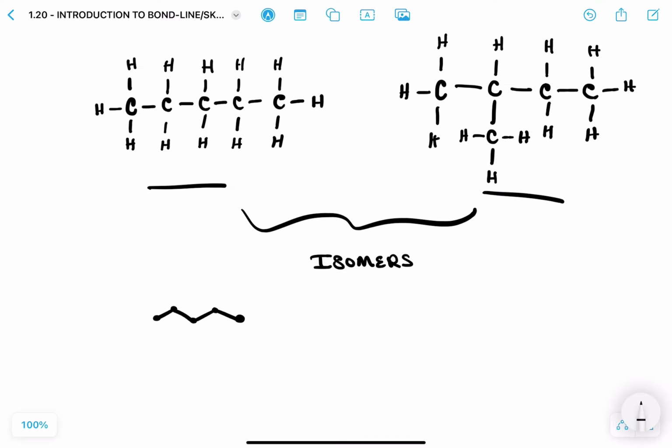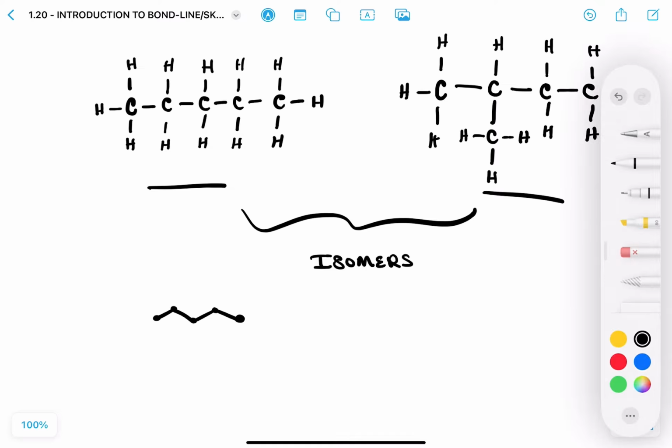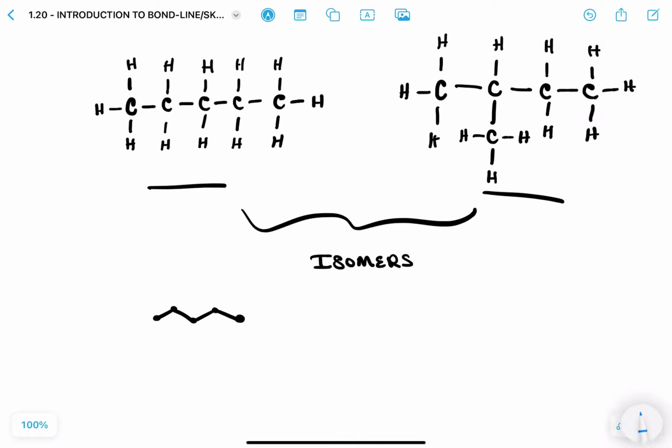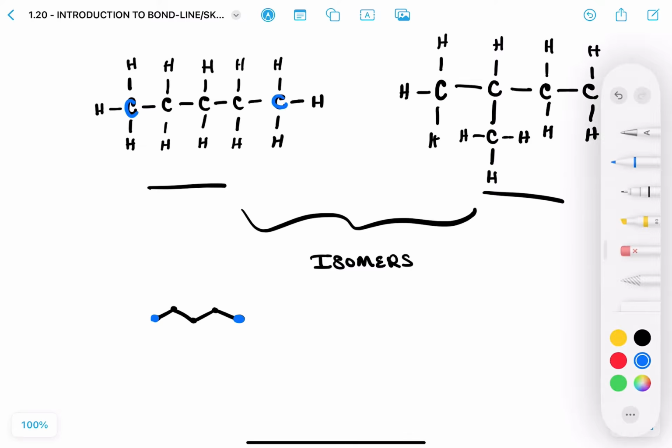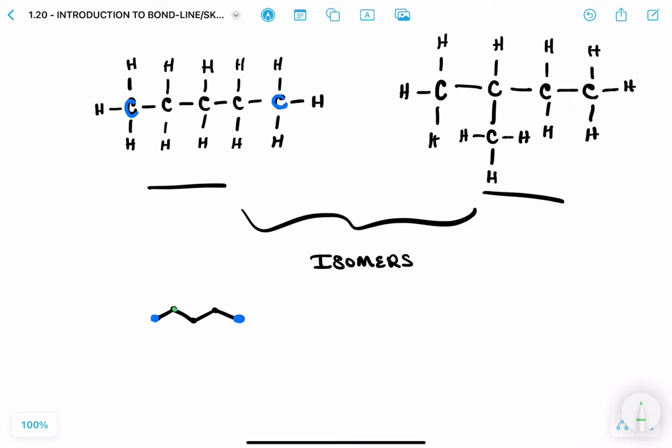There are 5 carbons. Now I'll color code these. This carbon in blue also represents that one, so those are the edge carbons. I'll color these 2 green, and lastly red in the middle to represent this carbon.